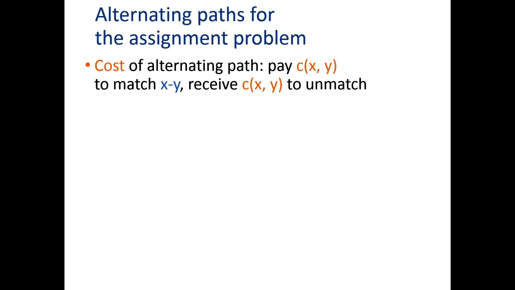So from the perspective of how this affects the cost of my matching, I should be adding the green costs and subtracting the red costs. This is how we are going to define the cost of an alternating path. So we paid c_xy to match xy, and we receive c_xy to unmatch.